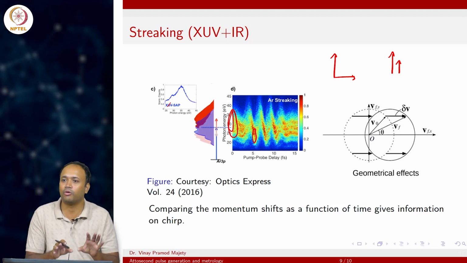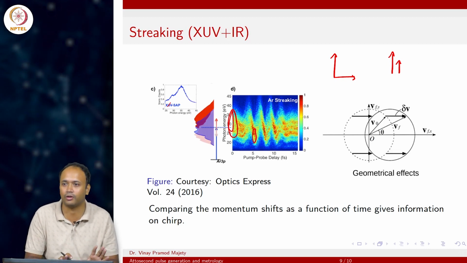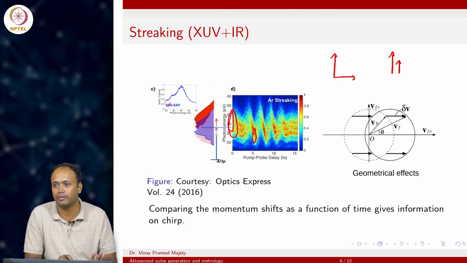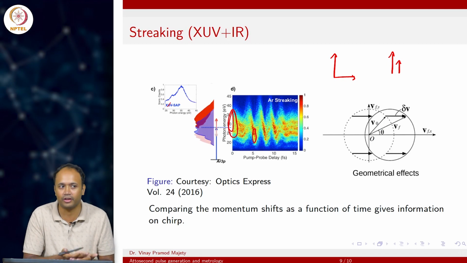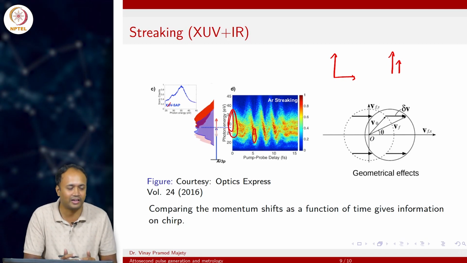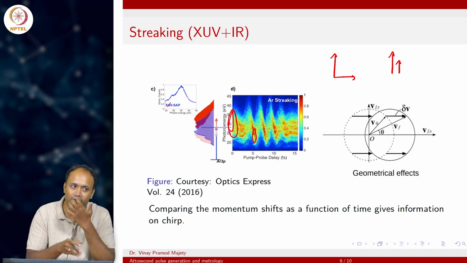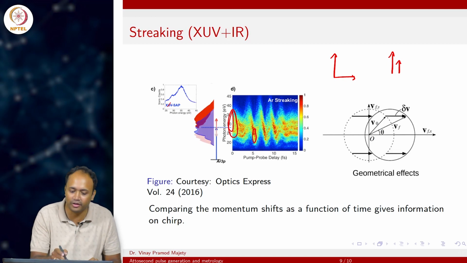It is about what your intensity of the IR pulse is. In the RABBIT technique, you keep it quite low to be able to use first order and second order perturbation theory, because you clearly have an empty space where you are creating a new photoelectron and you can analyze what's happening in that empty space. That's the sideband, where your even harmonic would have actually ionized the system. Whereas here you don't have empty space.